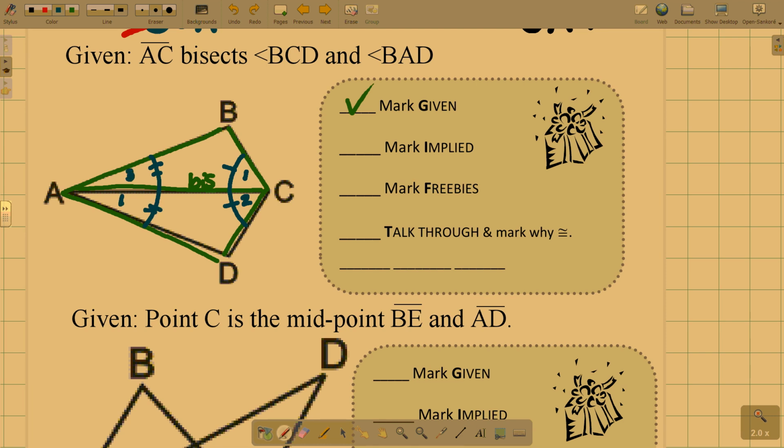You can always add numbers 3 and 4. One of the freebies here, vertical angles, reflexive sides, reflexive angles, would be the fact that AC is congruent, you write it like this, to AC. That's called the reflexive side.